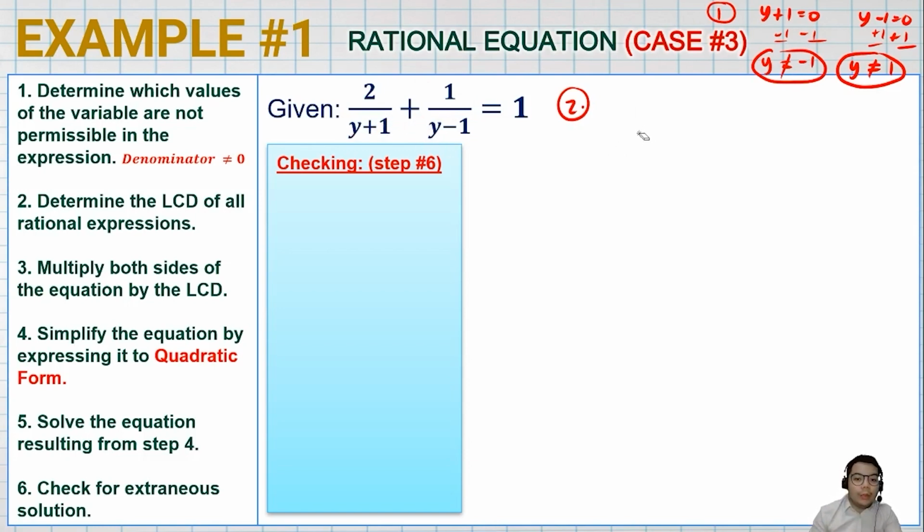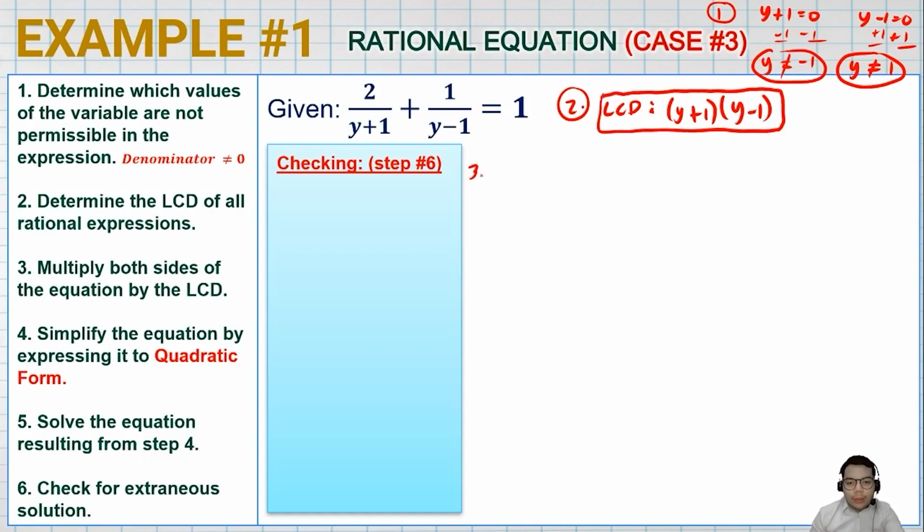Yun lang muna yung mga ways ng pagkuha natin ng LCD kasi ganito lang naman yung mga types of example na ma-encounter natin for this lesson. So, we have y plus 1 times y minus 1. That will become your least common denominator of this given rational equation. So that's step number 2.